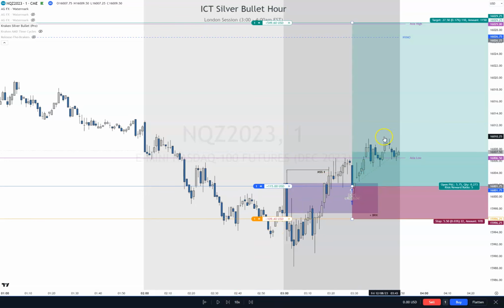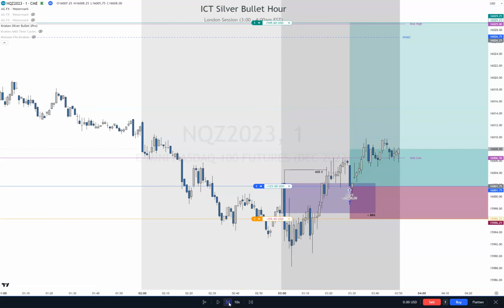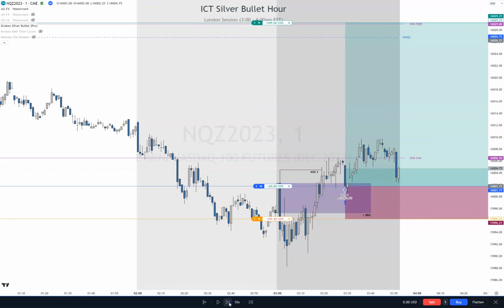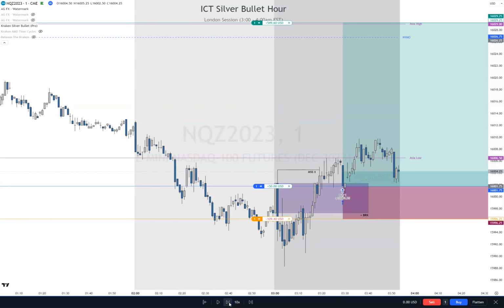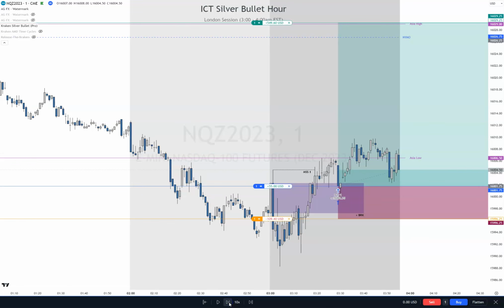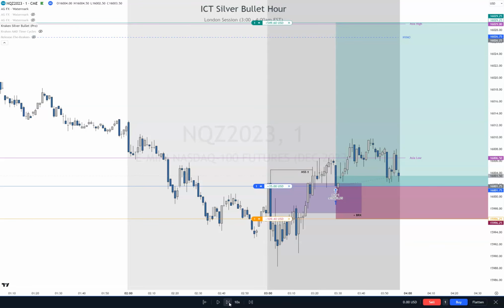I like it consolidating right here. I like to see some push higher. That's not higher, not a huge fan of that. That's better. That's not better. This is trading right here.